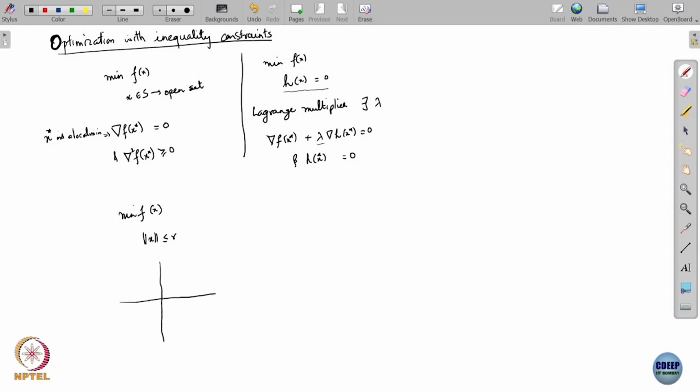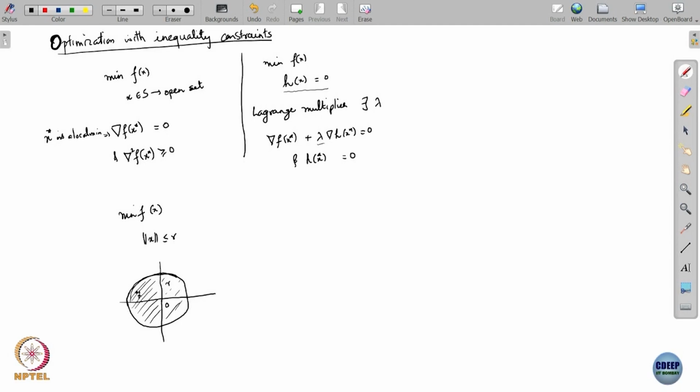These are my axes, this is my origin, this is a radius r, and I am optimizing the function f over a ball of radius r. The ball contains all the points on the shell of the ball, on the surface of the sphere, as well as all these points that are inside.